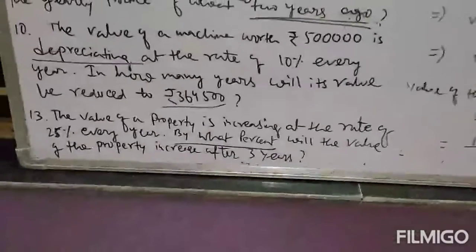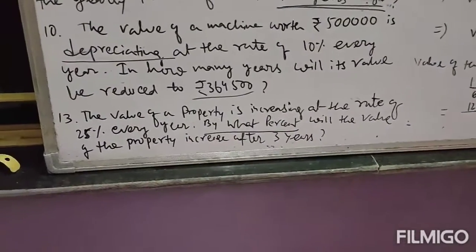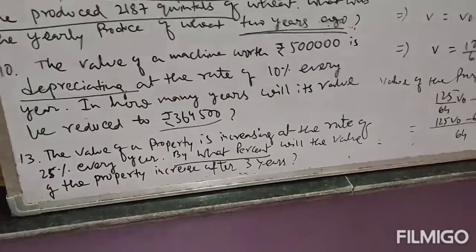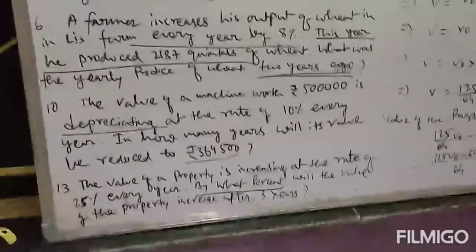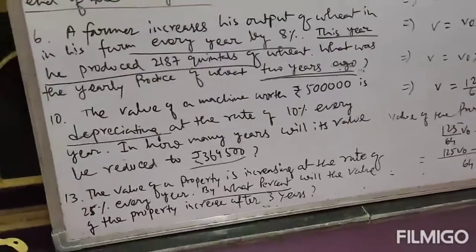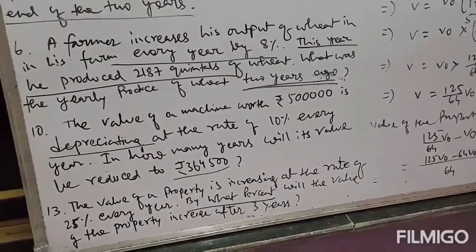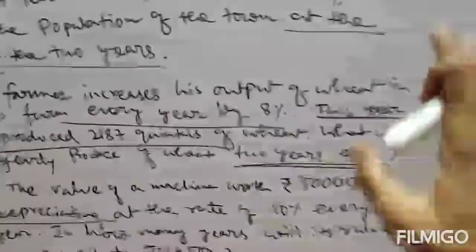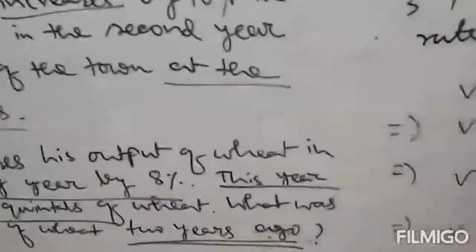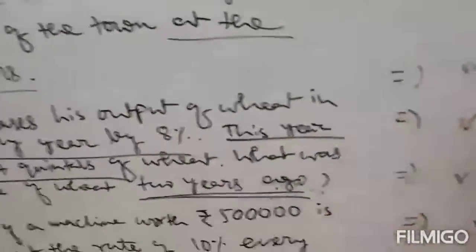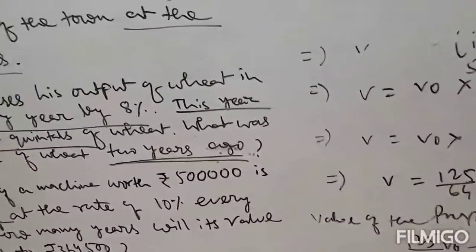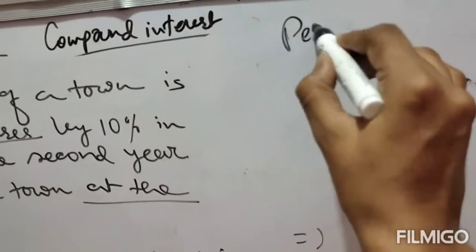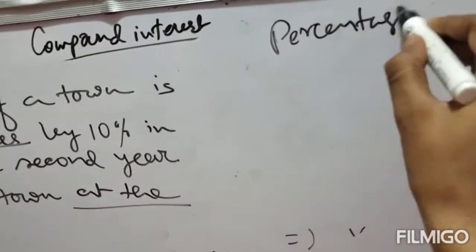Now we have to find what percent the value of the property increased. So recall the percentage chapter, where we find how much percent the property increased. So we use this formula. So this is the value the property increased, 61 V0 by 64. So what is the percentage increase?